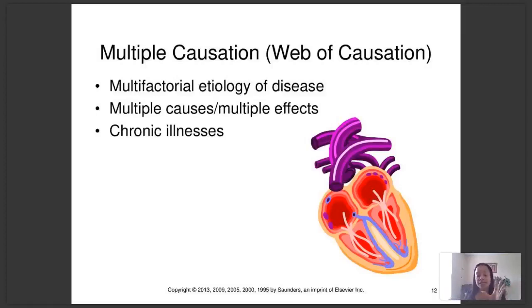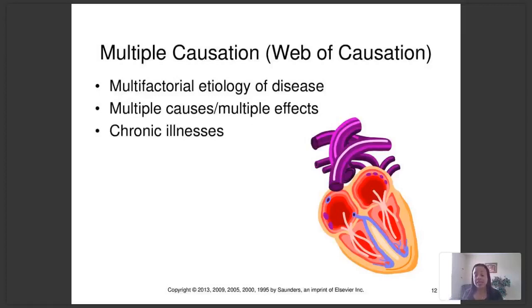So the web of causation is another terminology that you want to be comfortable with, okay? And it's looking at multifactorial causes of those diseases, okay? And it's not just looking at how the disease is initially caused, but then what impact that disease has, okay?